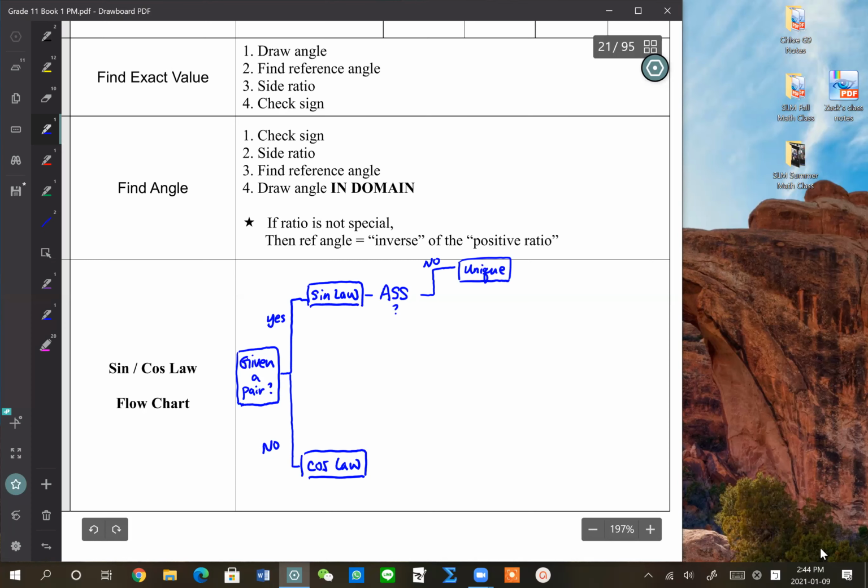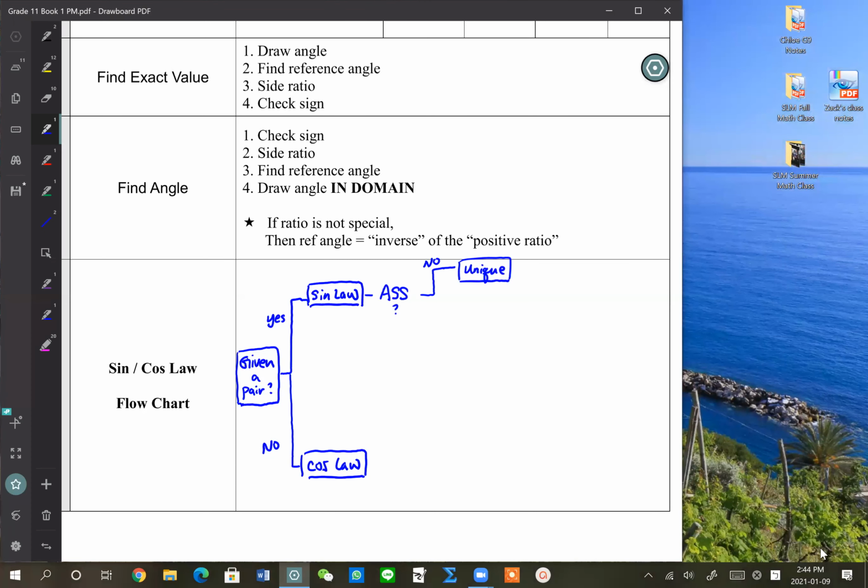Unique means there's only one way to draw it. You don't need to think about the height. You just plug everything into the sine law, use sine law, plug into the pairs and solve all the missing parts.